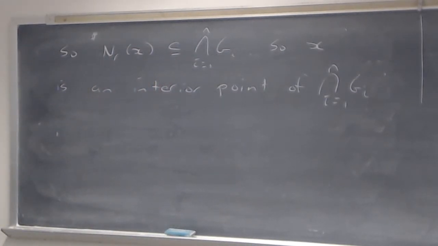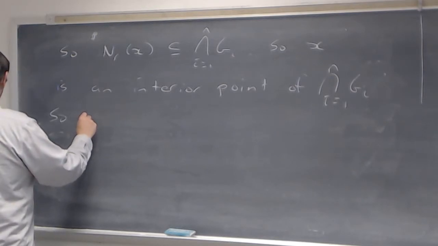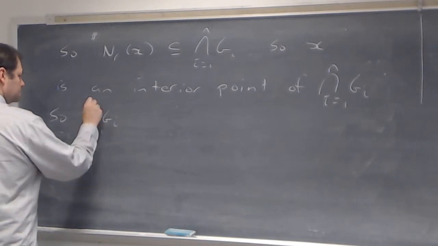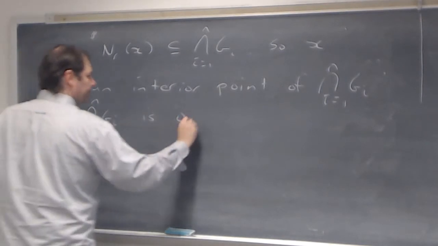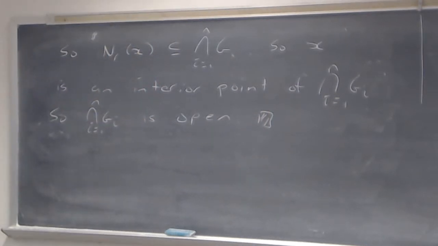So that means that everything in that intersection is an interior point of that intersection. So that says that this intersection is open. That is part C.